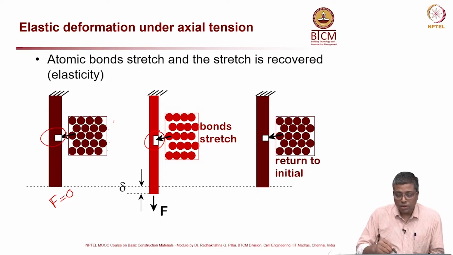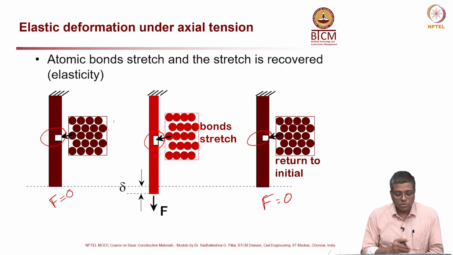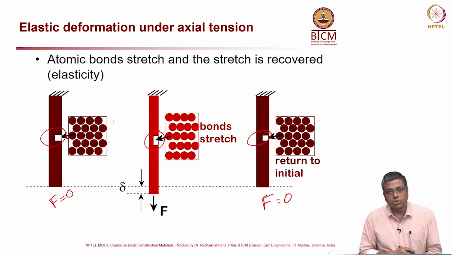Now, when you release the load, again F is equal to 0, the distance between the individual layers, the 5 layers of atoms, has come back to the original shape. So again it has become square: from square to rectangle and back to square.